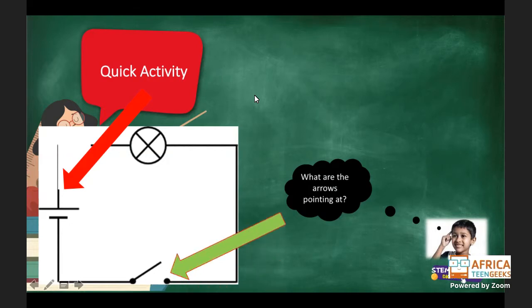Good. What about this green arrow? The red arrow is pointing at the battery. This is a simple diagram or drawing that you can use whenever you are requested to draw a circuit. But now, what about the green arrow?